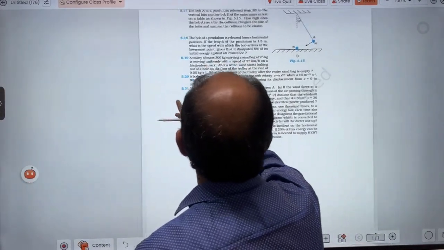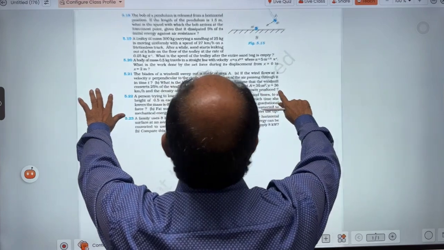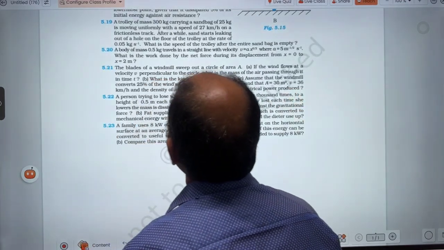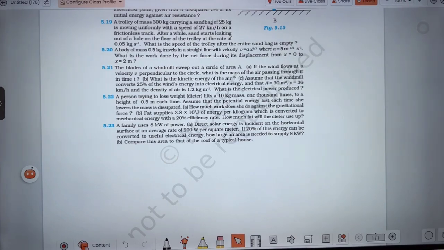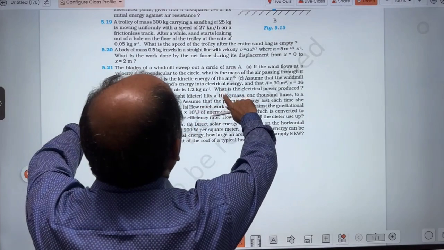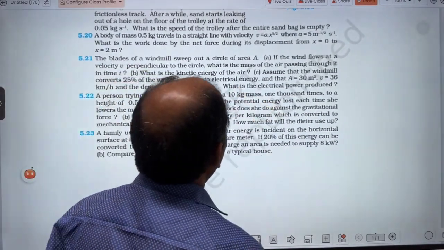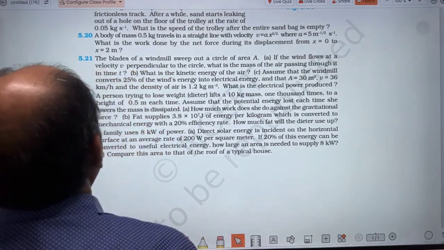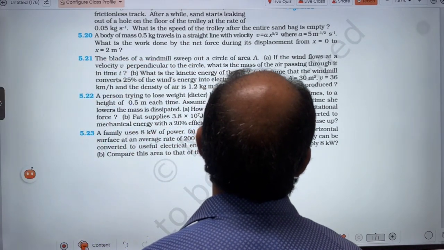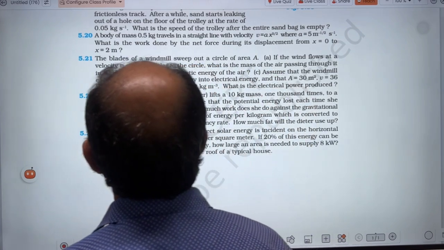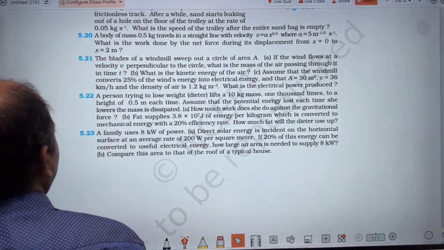Now we have the next question. The next question says the blades of a windmill sweep out a circle of area A. If the wind flows at a velocity v perpendicular to the circle, what is the mass of the air passing through it in a time t?